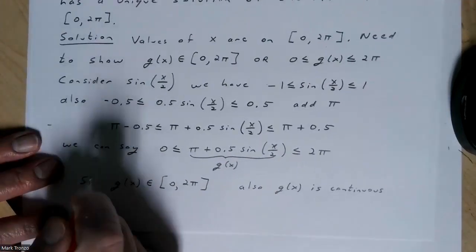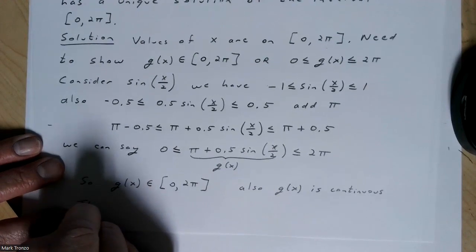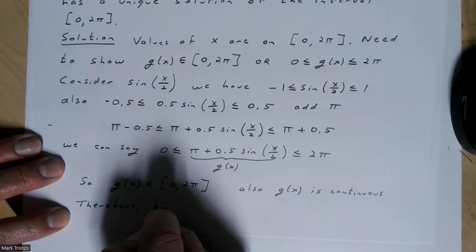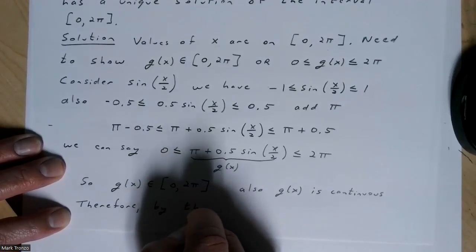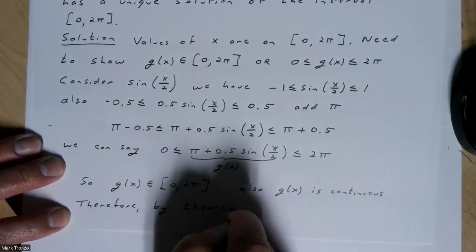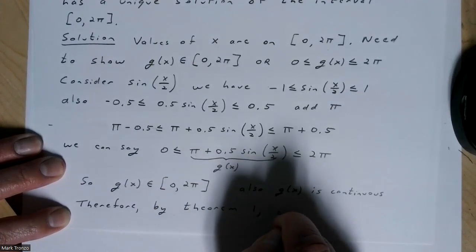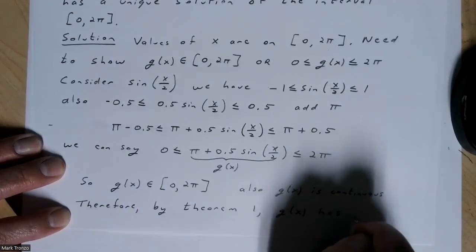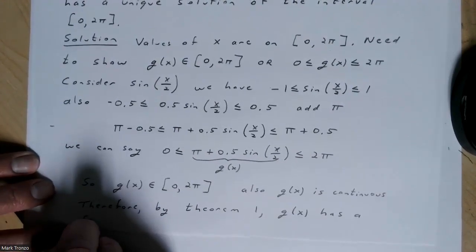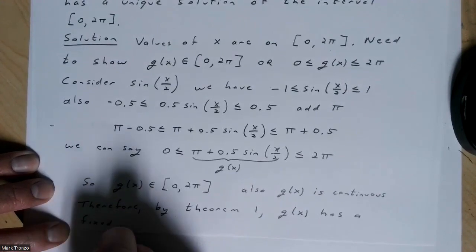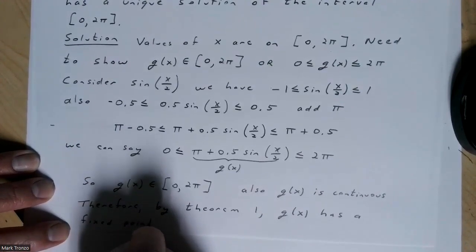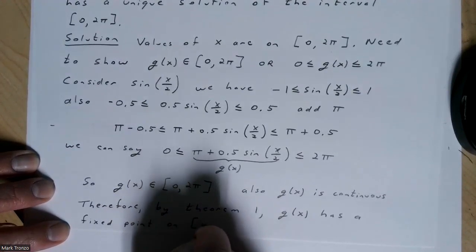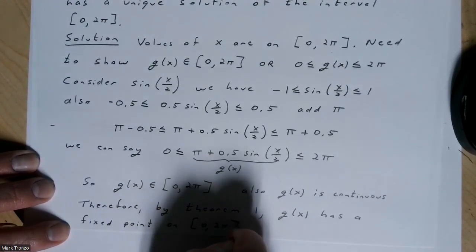Therefore, by theorem 1, g of x has a fixed point on the interval 0 to 2 pi.